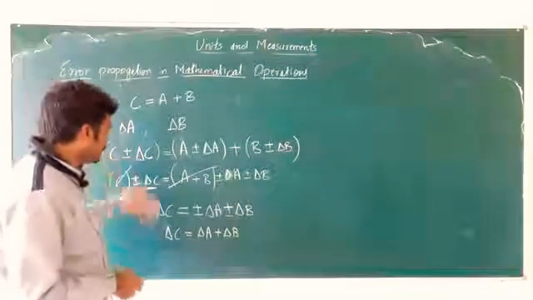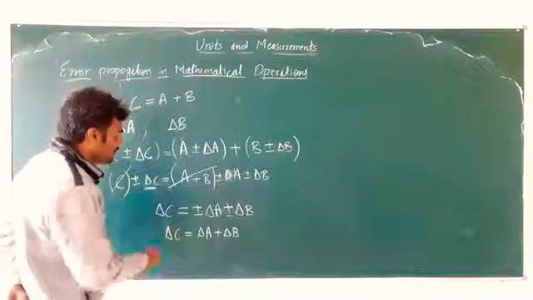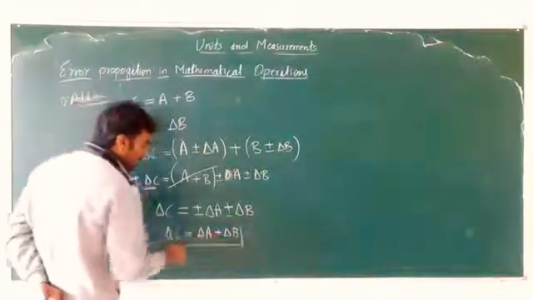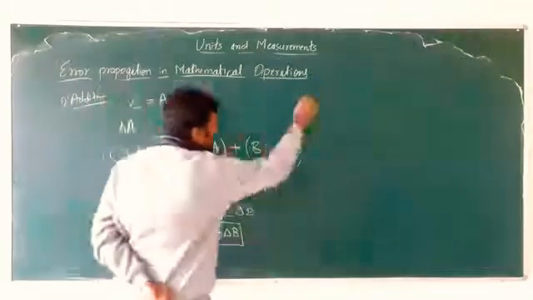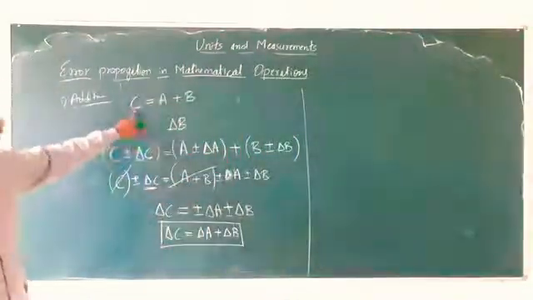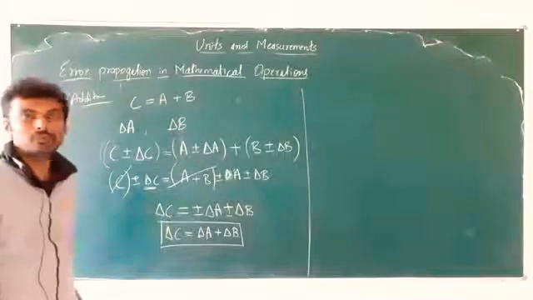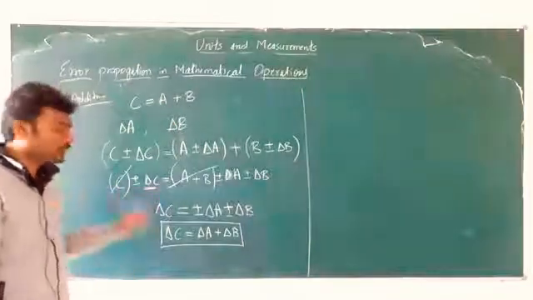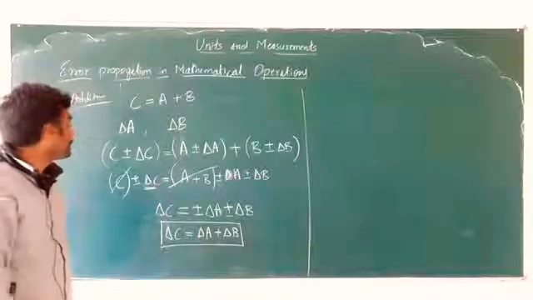So that is why we take delta C equal to delta A plus delta B, and this is the expression for error for the quantity which is the sum of two quantities, A and B.